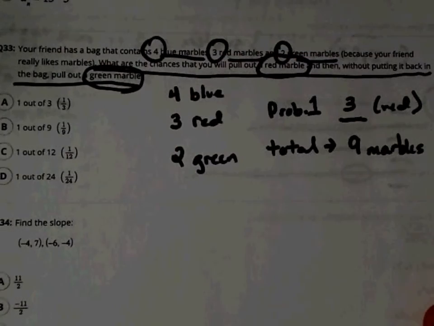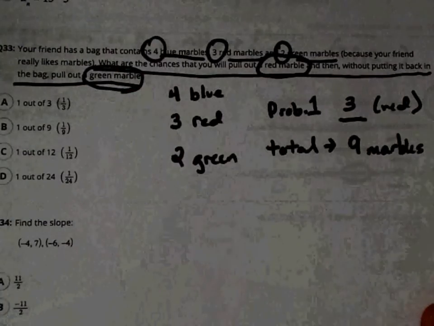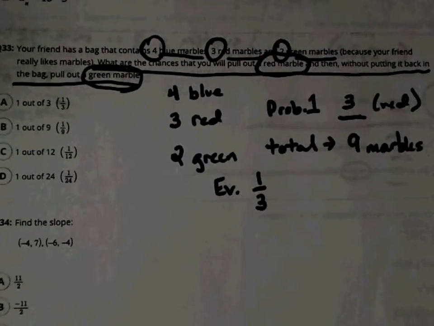But there are how many that I have an opportunity of grabbing that are red? 3. 3 of them. So that would be 3 red marbles out of the bag. And so therefore that would be the probability of 3 over 9, or for event 1, 1/3. Do you agree with that?